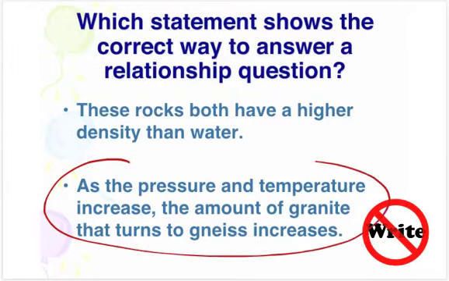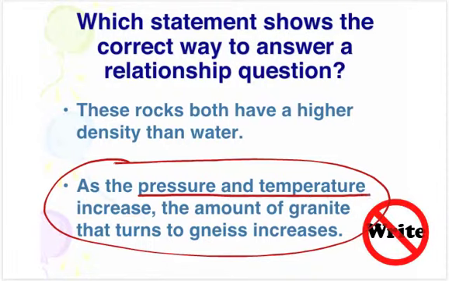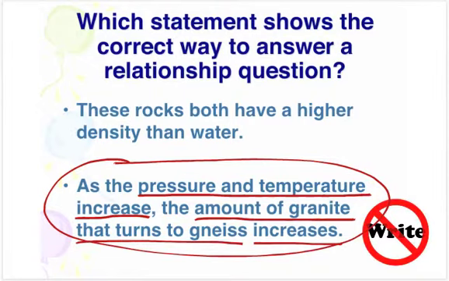Right, this one here. Okay, because it talks about as this thing changes. So as object 1 changes in this way, as the pressure and temperature increase, the amount of granite that turns to gneiss also increases. Okay, so that's using that basic generic format that I gave you in the previous slide.